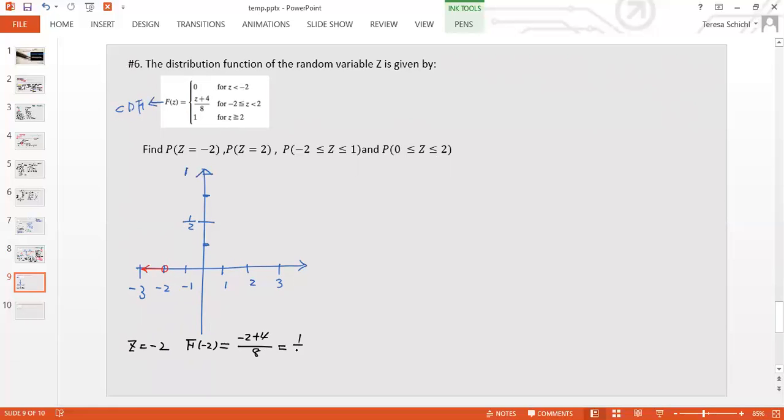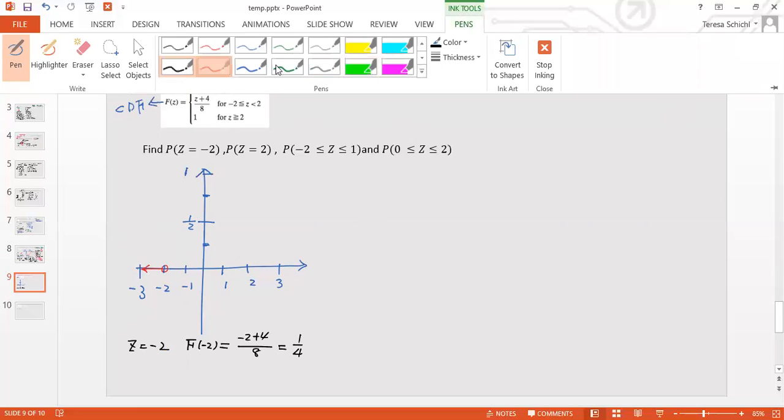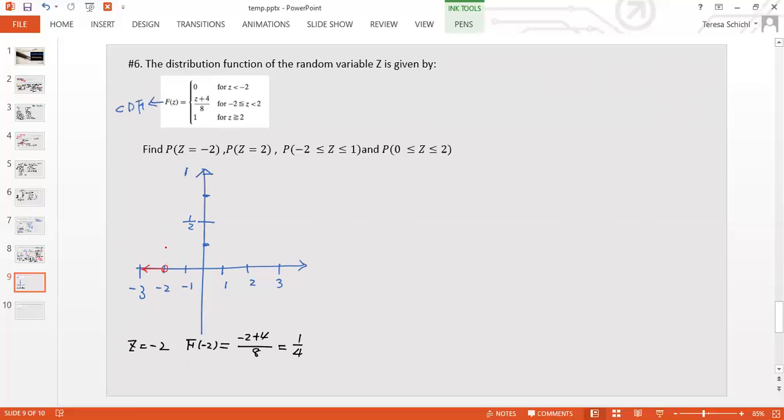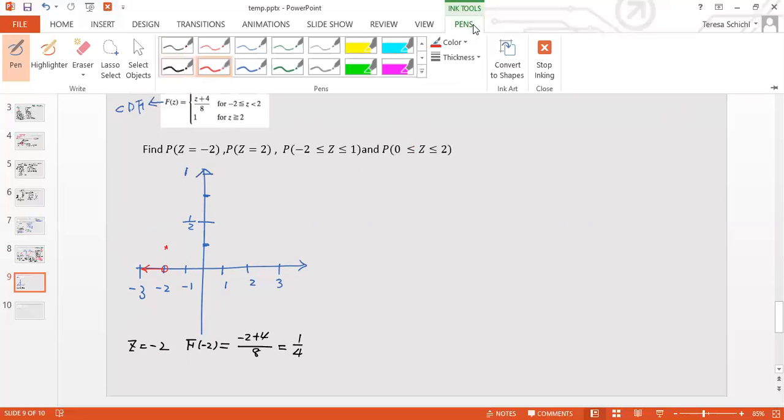It's 1/4. So F of negative 2 is 1/4. I see my CDF jump to 1/4. All right, okay. So let's take a look at the next ones here.